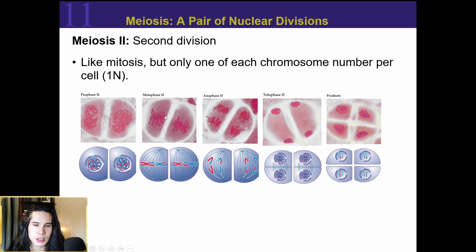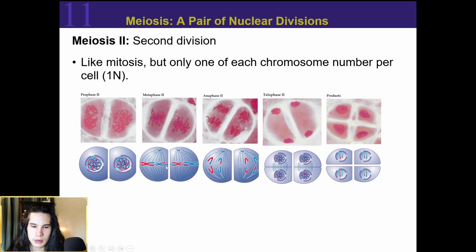So during metaphase 2, remember we're dealing with two cells, and if you look here, this is your modified chromosome number 1 from your mom. Its homologue is actually in a completely different cell. And so what's happening during metaphase 2 is all of the chromosomes that you have are going to line up down the middle.